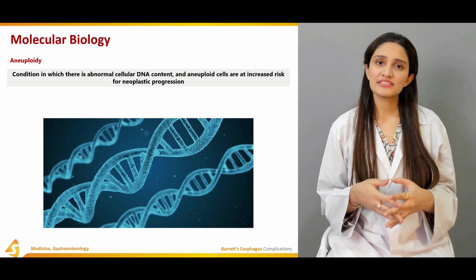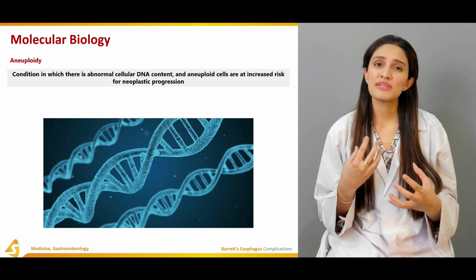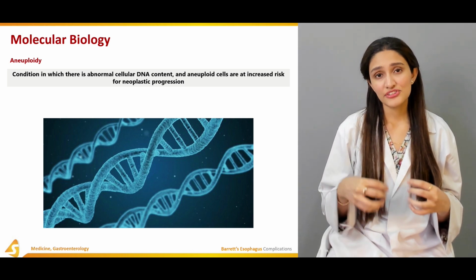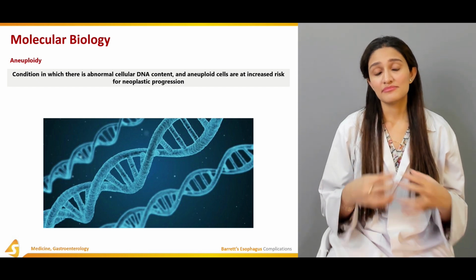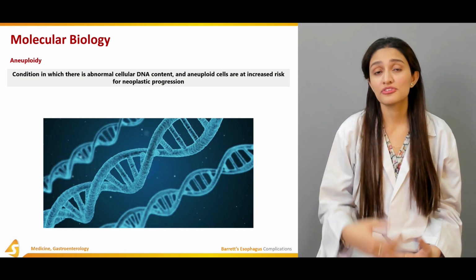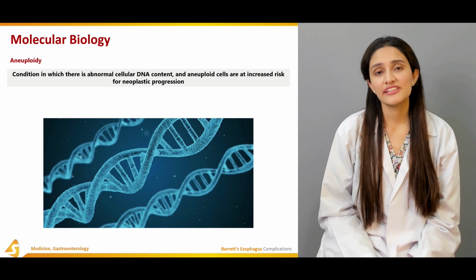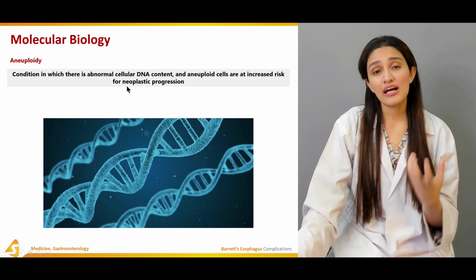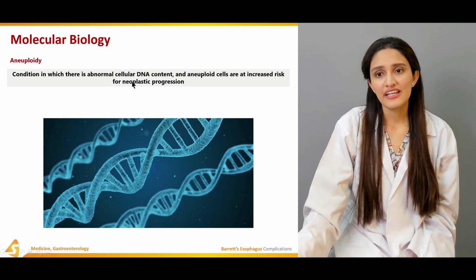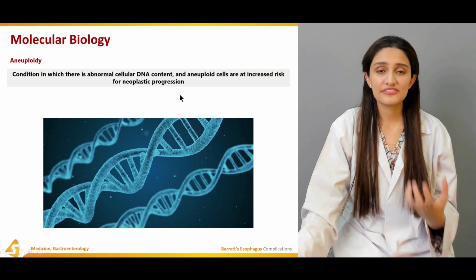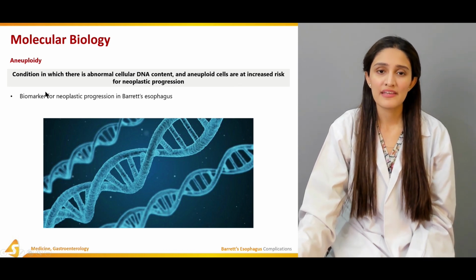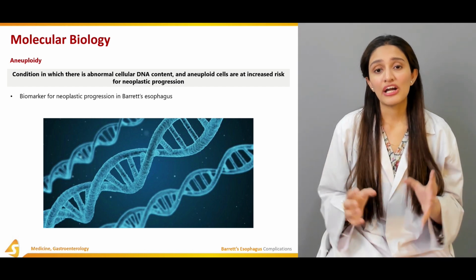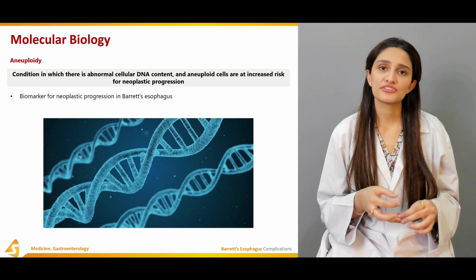This genomic instability, when it occurs, manifests as losses or gains in the sections of the chromosomes. So a section of the chromosome could be lost or gained, which causes an abnormal DNA to occur. So aneuploidy is when there is an abnormal cellular DNA content and the aneuploid cells are at increased risk for neoplastic progression. These are relatively highly used biomarkers for the neoplastic progression in Barrett's esophagus.